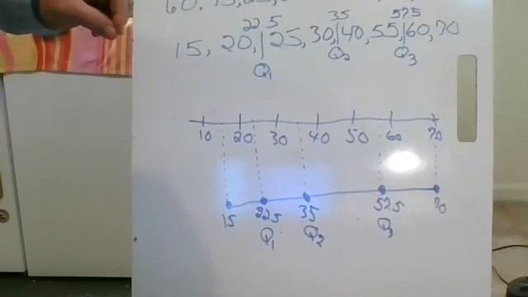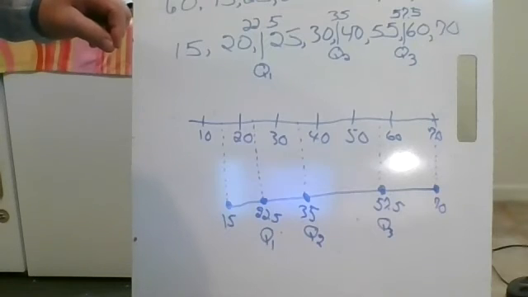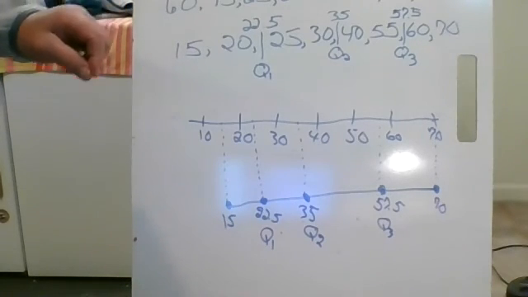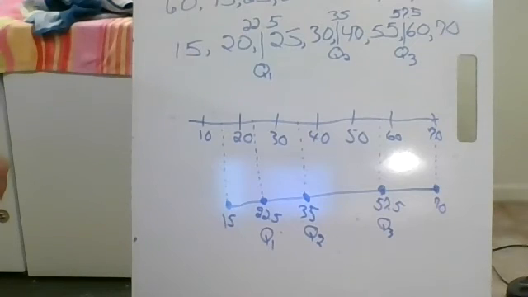And now we put our box in there. Where does the box go? From what 2 points determines the box? Anybody? Quartile 1 to quartile 3.